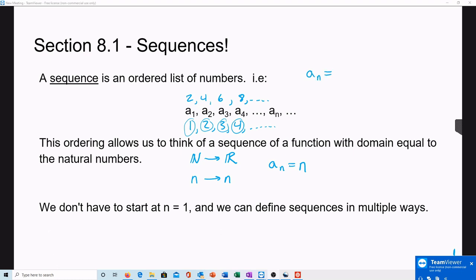Well, if we take a little time to think about this, we could say, 1 goes to 2, 2 goes to 4, 3 goes to 6, 4 goes to 8. What we're looking for is just what's the pattern here. And hopefully it's not too bad to see. I just take my n, that's this left-hand side, n, and then I double it. So there's my formula.